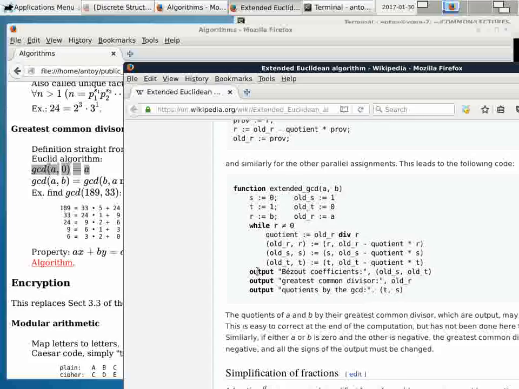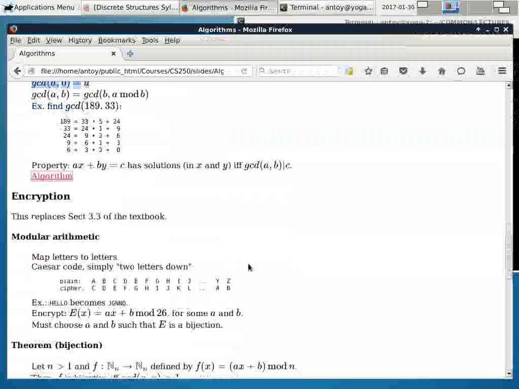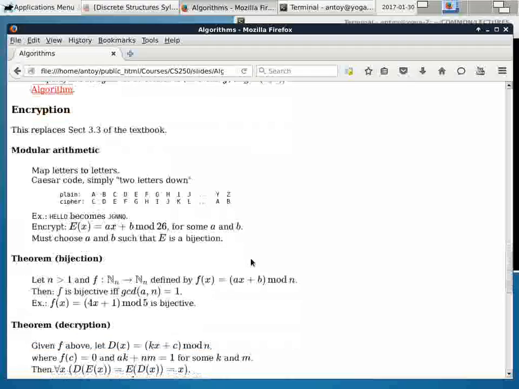All right. So now we are going to use some of these things for encryption. The encryption that is done in the book is definitely more interesting than this one, but it's much more complicated. So, to make your life easy, I'll do this one. This is called a Caesar code, because supposedly it was used by the Roman emperor well over 2,000 years ago. And so, what did he do?